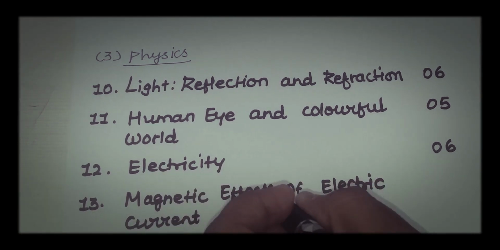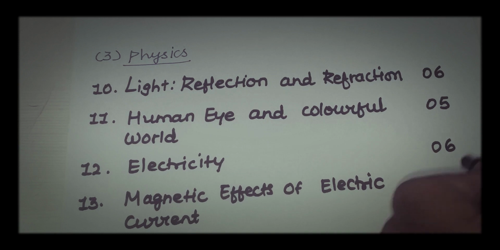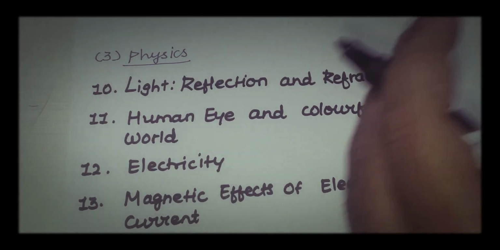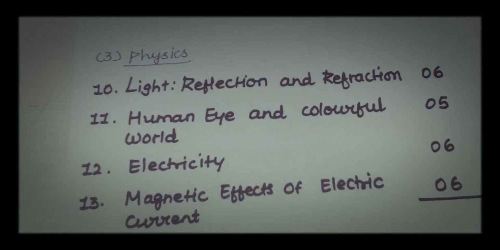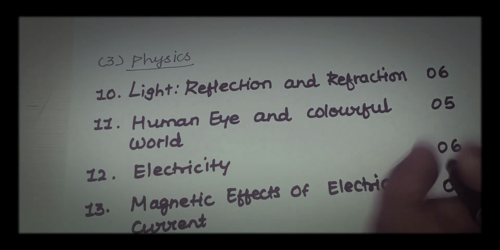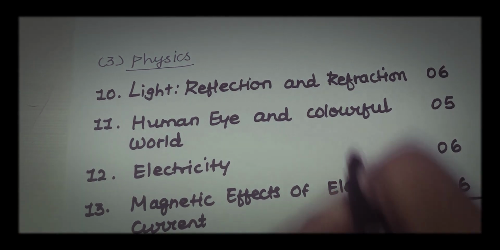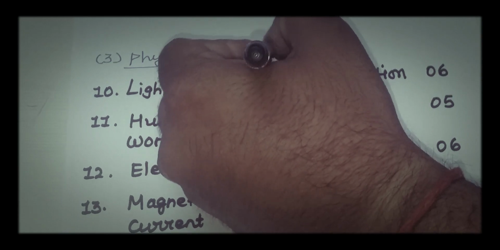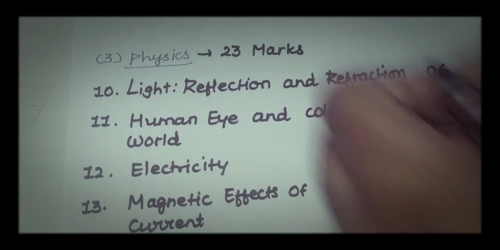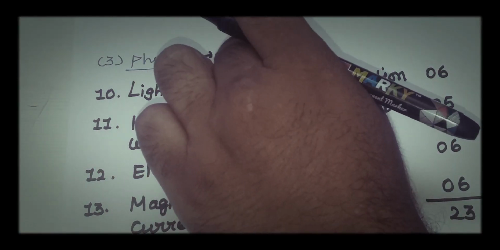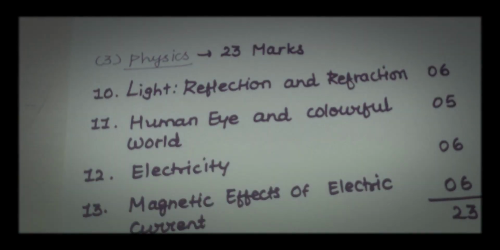Okay, magnetic effects of electric current, and the weightage of this chapter is 6 marks. So the total weightage of the physics portion is 6 plus 5 plus 6 plus 6. It means 23 marks. So the physics portion is 23 marks weightage.